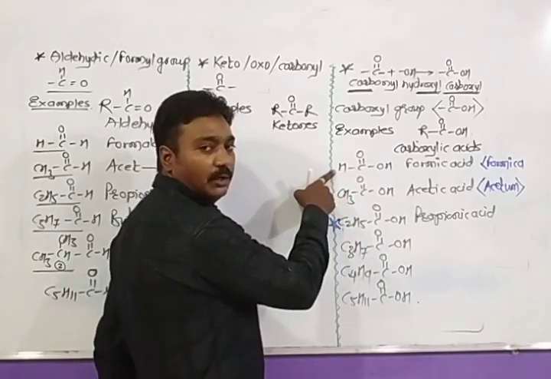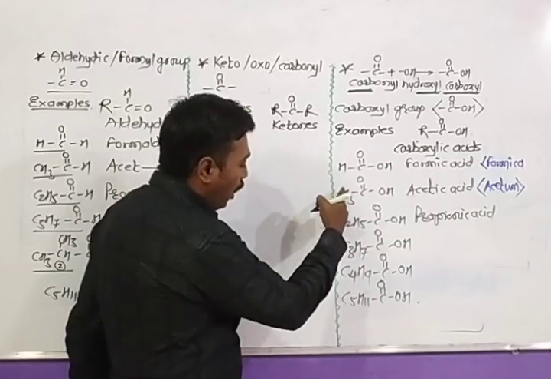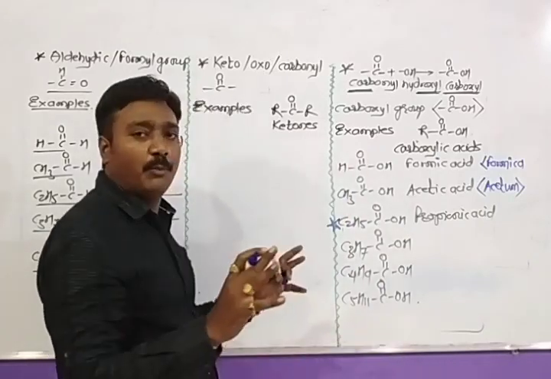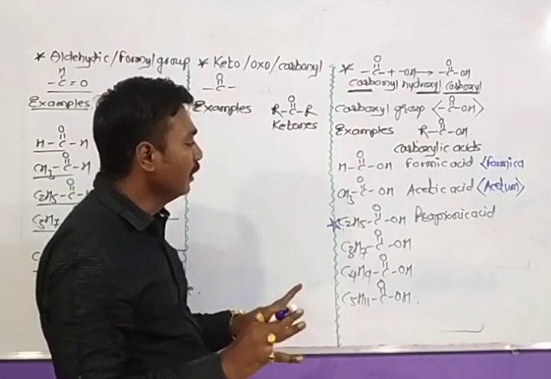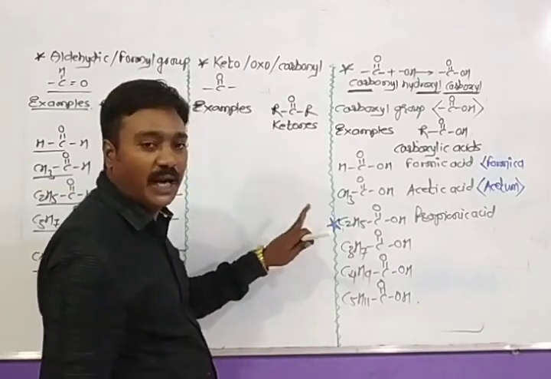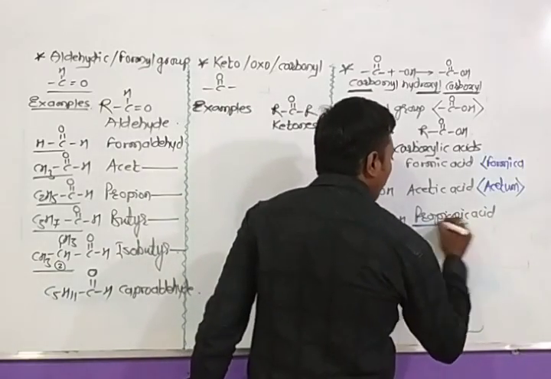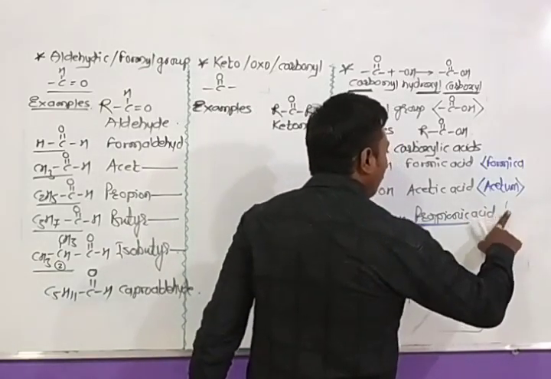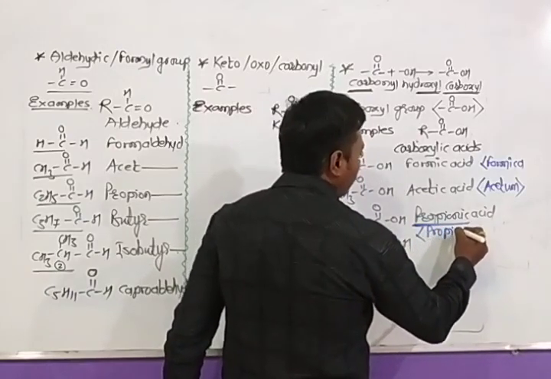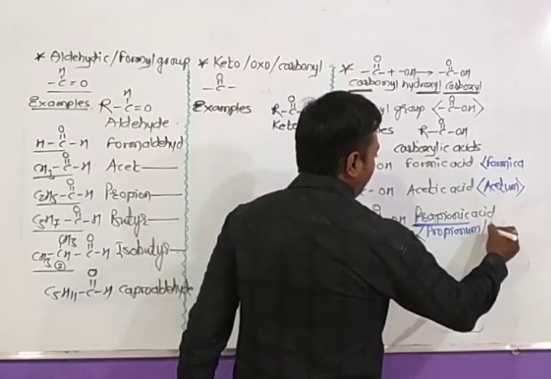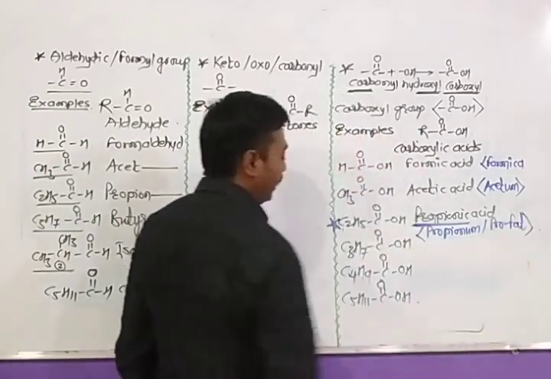This acid dissolves in water. After acetic acid, all other members of the carboxylic acid family float on water or do not dissolve in water. Therefore, it is the first fatty acid of this series, and it gets the name propionic acid from propionum, that is pro-fat, or first fatty acid of this series.